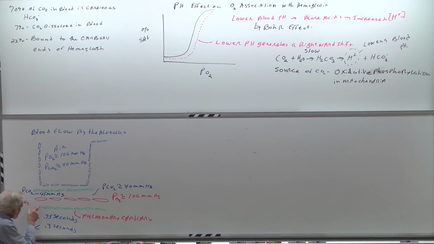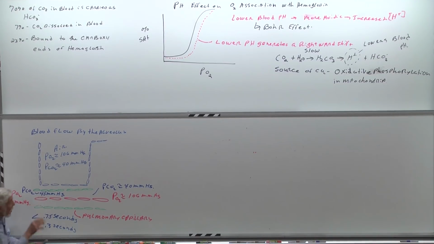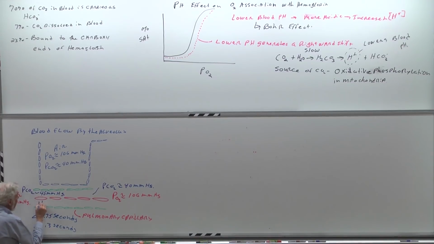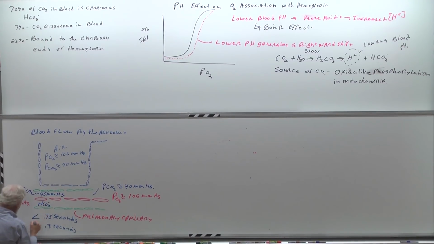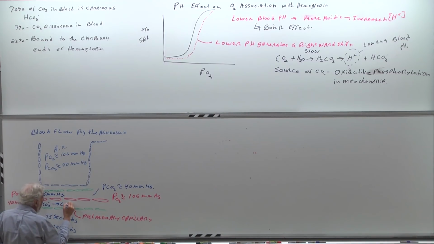Now remember here that 70% of that 45 millimeters of mercury is being carried by bicarbonate. So this is coming through as HCO3 negative. In this brief period of time, we have to convert the bicarbonate back into CO2 plus water.